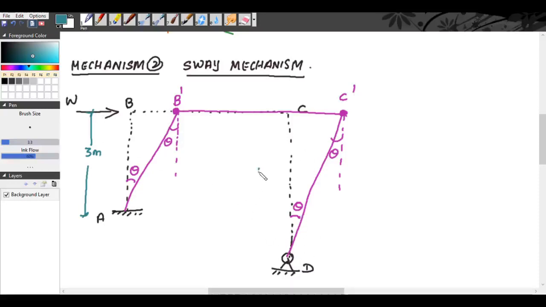CD is equal to 4 meter. So this distance B dash is equal to 3 into theta. So this distance is 3 into theta. This distance C dash is equal to 4 into theta.